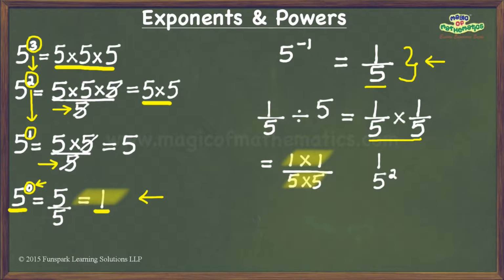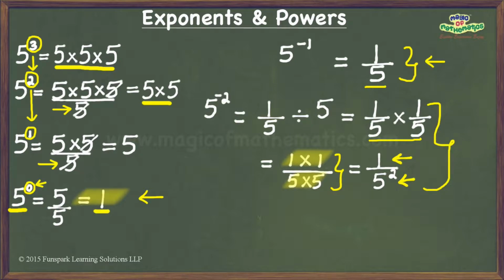Therefore, our expression equals the fraction 1 over 5 raised to the power 2. Again, using the observation that each time we divide by 5, we end up decreasing the exponent by 1, we can interpret this as 5 raised to the power negative 2. Looking back at the interpretation of 5 raised to the power negative 1 as 1 over 5, I will write this 5 as 5 raised to the power 1.